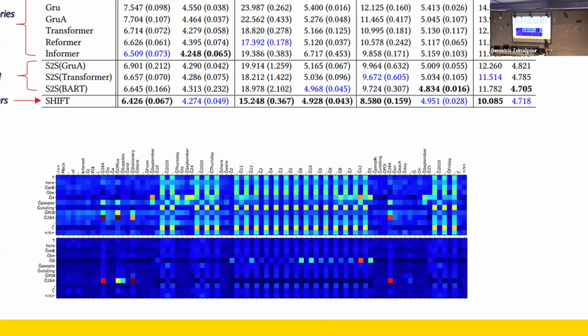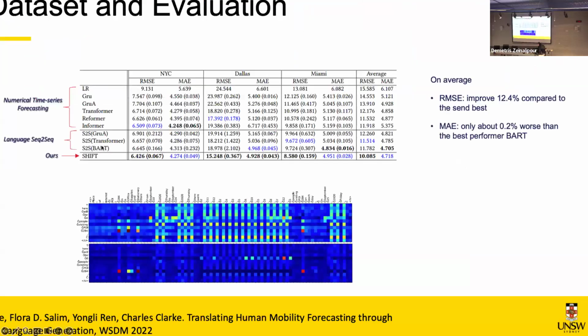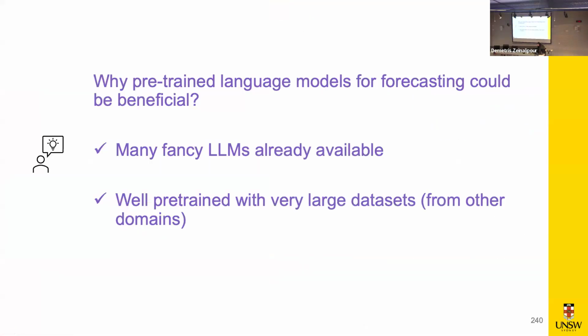Once we have that intuition, we know potentially it's already happening in a pre-trained model. Back then there was already some pre-trained model like GPT-2, not even GPT-3. So can we actually use a pre-trained language model right away for forecasting?